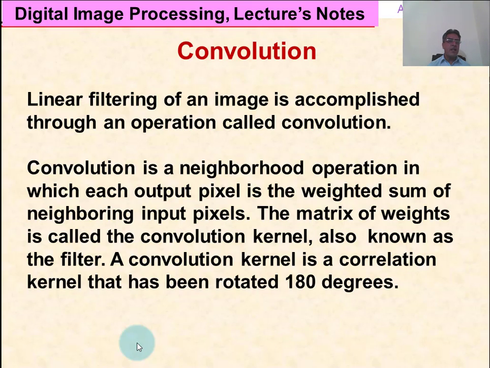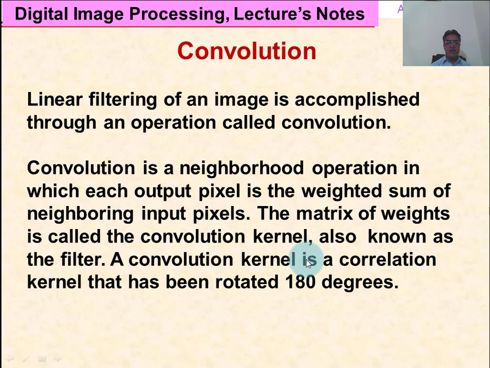Convolution. Linear filtering of an image is accomplished through an operation called convolution. This linear filtering is actually accomplished through convolution or correlation. Convolution is a neighborhood operation in which each output pixel is the weighted sum of neighboring input pixels. The matrix of the weights is called the convolution kernel, also known as the filter.